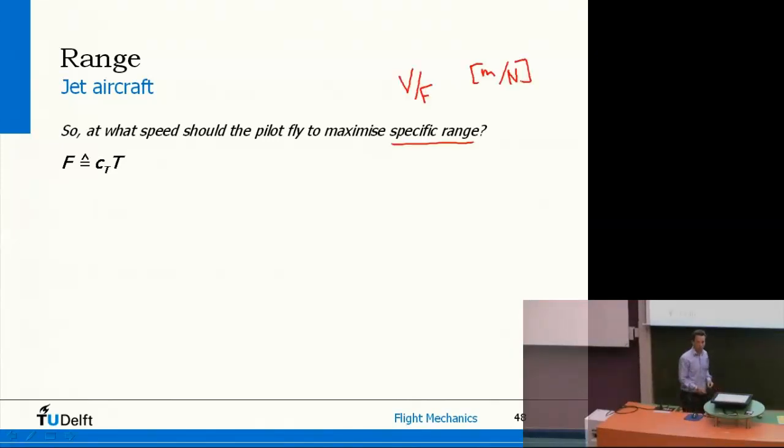Now, by definition, I can say fuel flow for a jet aircraft depends on the thrust you're generating through some parameter CT, what we call the thrust specific fuel consumption. This parameter CT tells you that for every Newton of thrust you generate, you need a certain quantity of fuel. So it's just a given parameter for a given engine.